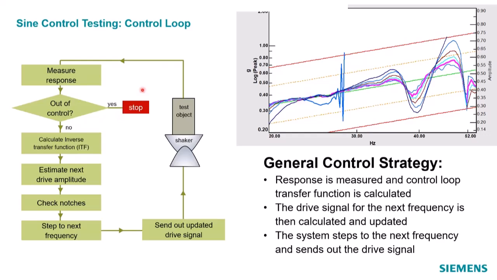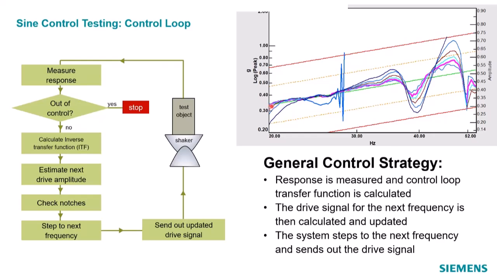We use that inverse transfer function to calculate the initial responses as it starts up. Typically, you're going to start at low frequency and sweep up to high frequency, and it's going to use that transfer function initially, but the control algorithm will continuously update that transfer function throughout the entire frequency range.